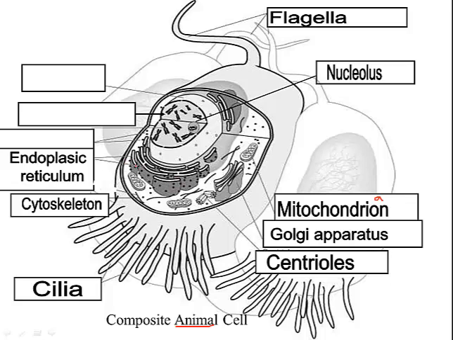What you're looking at here is the rough endoplasmic reticulum because it has ribosomes attached to it. Over here, which is not labeled, is the smooth ER. That's the one that's going to be responsible for making your lipids. The difference between them, you can see the smooth does not have ribosomes attached, whereas the rough does.